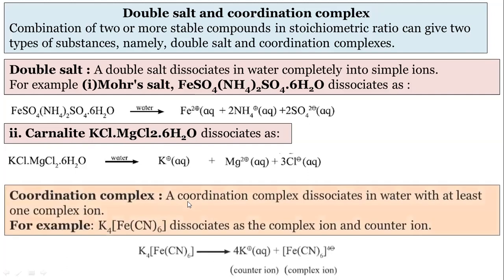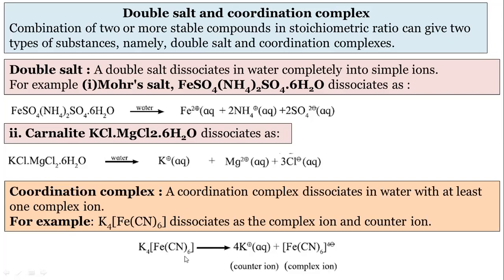So I am coming to the coordination complex now. Whatever group is enclosed in the square bracket is called the coordination sphere. See, this is tightly bonded, we cannot separate it, but the counter ions are ionizable. So the difference between double salt and coordination complex is, when a double salt is dissolved in water, we get the ions, but when a coordination complex is dissolved in water, only the counter ions are ionizable. The 4K+ outside the square bracket, only these are ionizable.